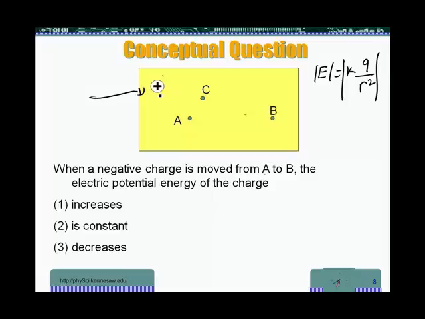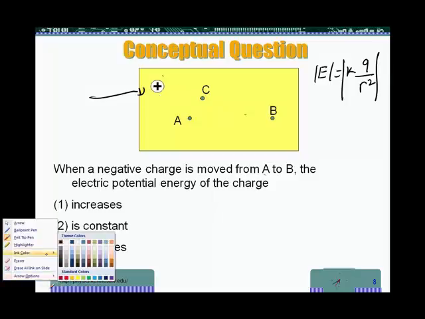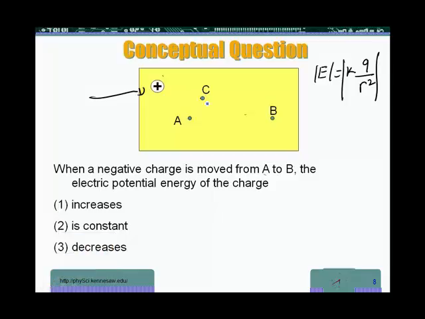So if I'm going to use, let's say, a blue color pen to draw the direction of the electric field, I'm going to draw it radially outwards here, radially outwards here, a smaller one here, and so on.